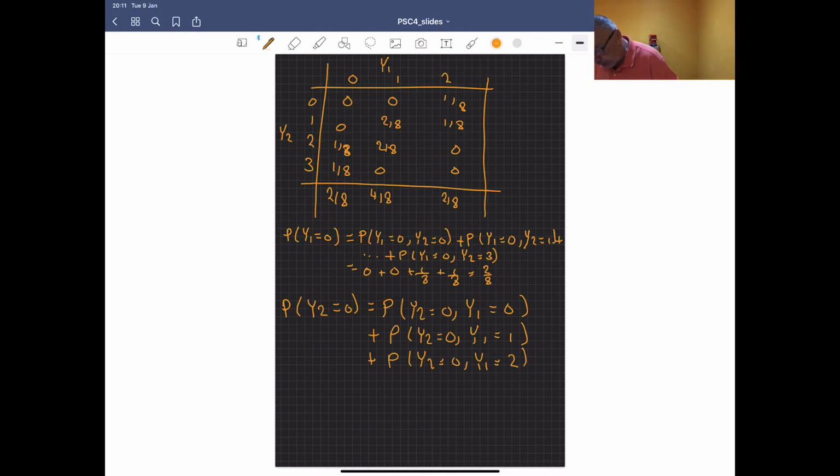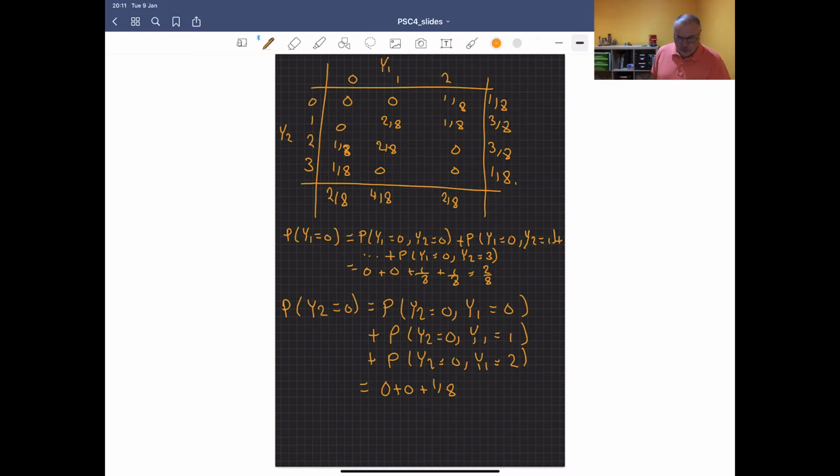They're all possibles. And that would basically be 0 plus 0 plus an eighth. Because it's the same logic: we're taking this number, adding this number, adding this number. We're adding across the rows, so we get an eighth, 3/8, 3/8, and 1/8.